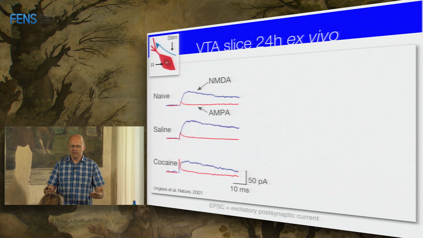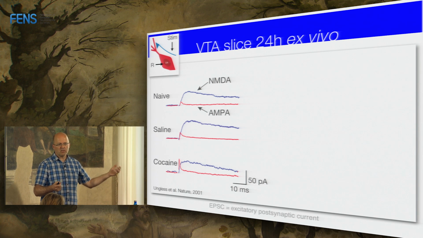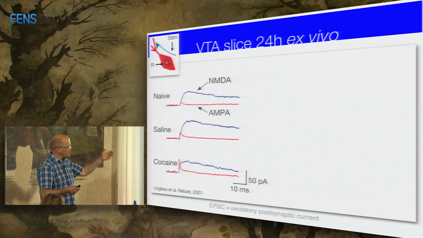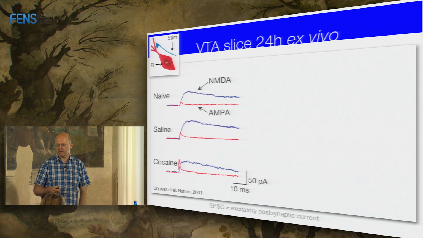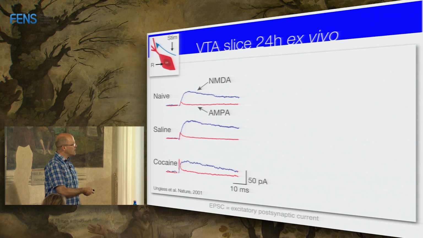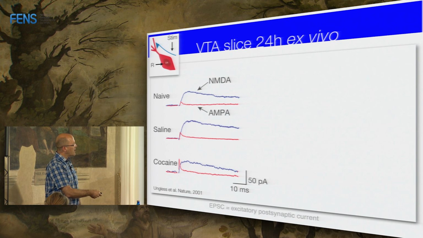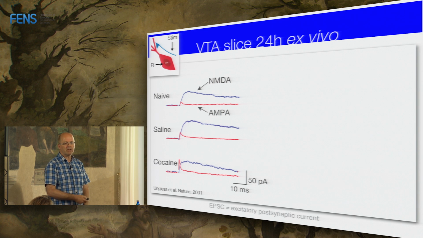But of course, there is one parameter that escapes this experiment, which does not allow you to argue in absolute values, which is in a slice. Who does slice physiology? So what if I were to say from these example traces, and I can show you many more from my animals, that in absolute values, the NMDA went down and the AMPA went up.